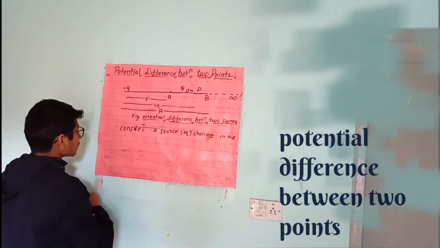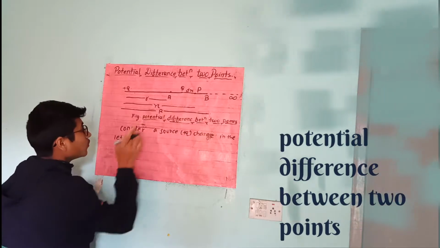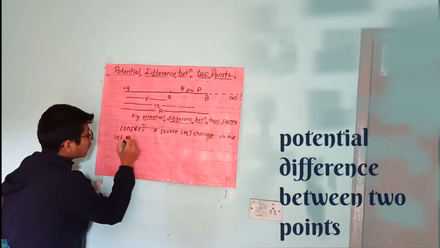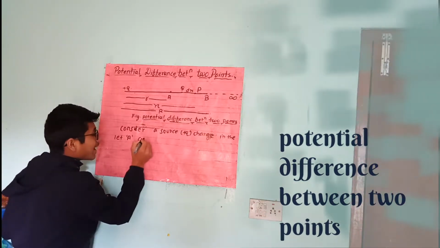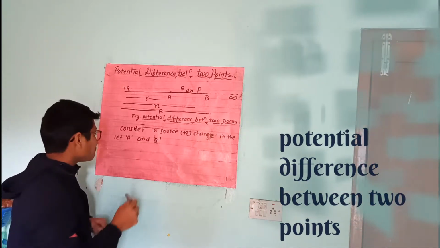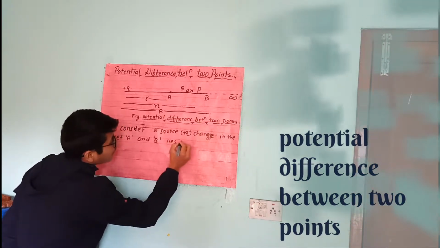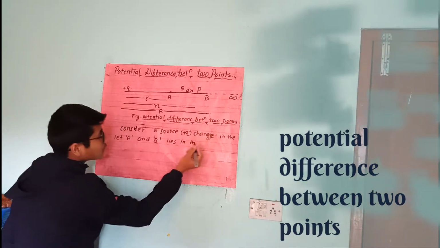Then let us consider 2 points, A and B. The points lie in the electric field of the source charge.